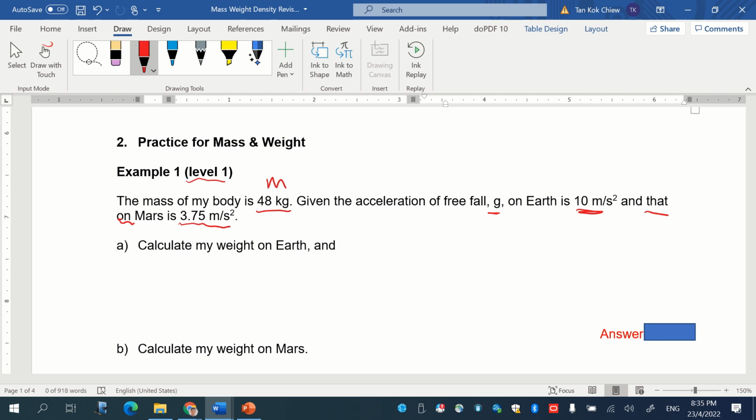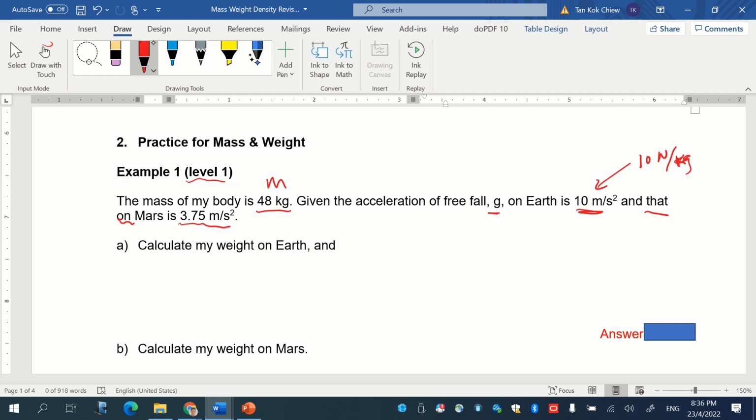Sometimes they put the g value as 10 meter per second square, sometimes they put 10 Newton per kg. They are all the same. It's still talking about the g value measurement. So calculate my body weight on Earth.